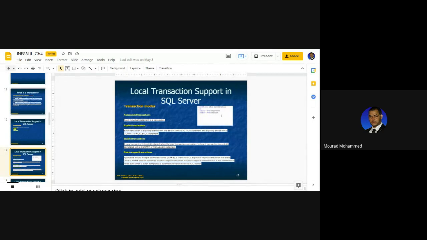But if there is no indication, the transaction will be rolled back by default. For this category only, if there were no manual commitment or rolling back, it would be committed.